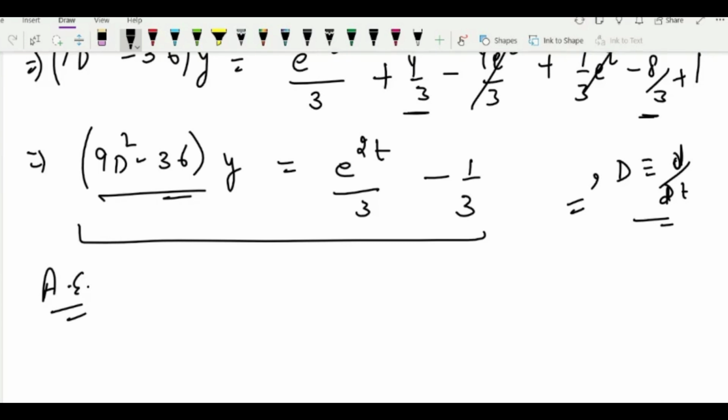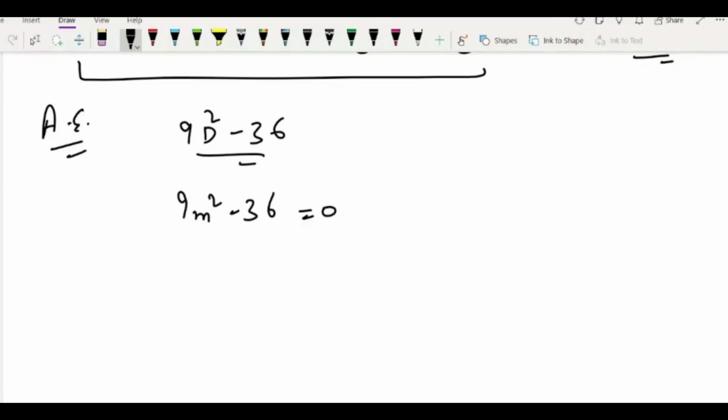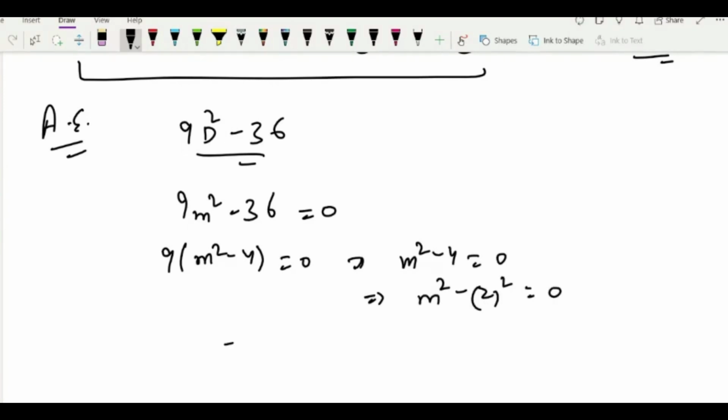So the auxiliary equation is 9D square minus 36; put m in this, 9m square minus 36 is equal to 0. From here we get m square minus 4 is equal to 0, which gives m square minus 2 square, a square minus b square, a minus b, a plus b, so m minus 2, m plus 2 is equal to 0, which gives m is equal to 2 and minus 2.